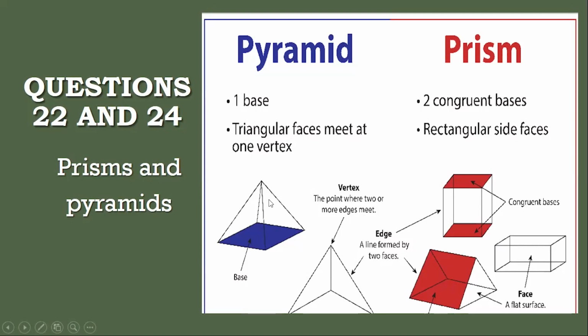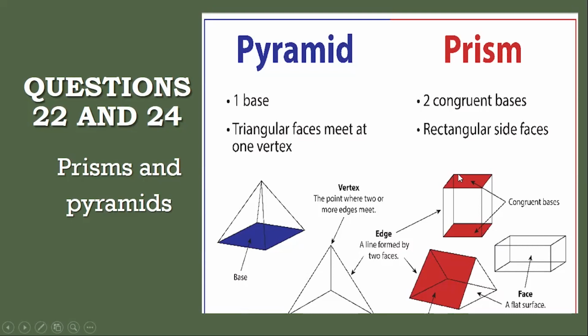The difference in a prism is that it does not only have this bottom, it has 2 of that bottom. The bottom sits there, and then that same bottom is repeated in the top. So there's a top and a bottom, and the sides are squares or rectangles. They are not triangles.